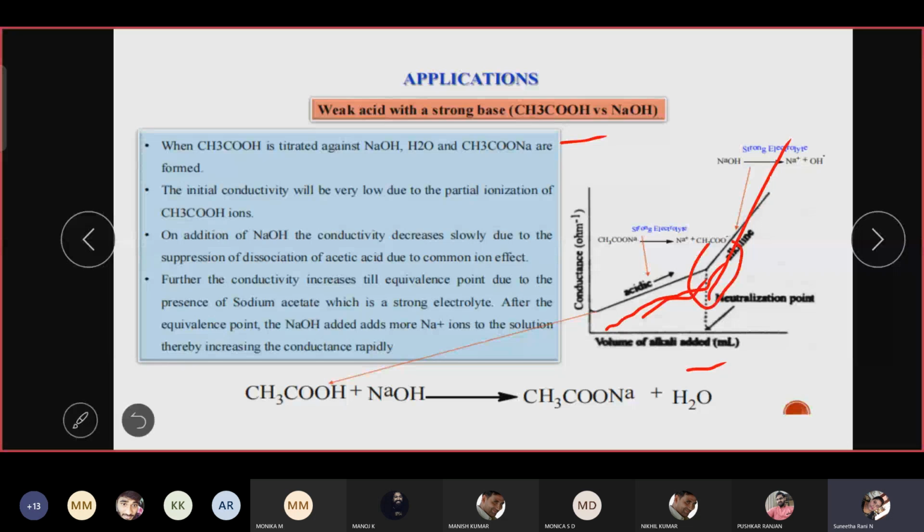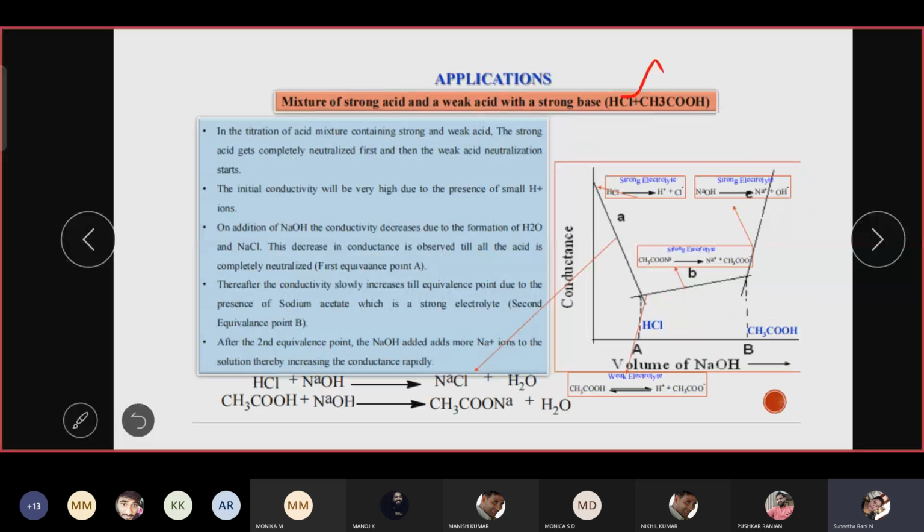Now we mix strong acid and weak acid together. HCl is a strong acid, acetic acid is a weak acid. Mix these two, it becomes an acid mixture, and titrate against the strong base, NaOH.